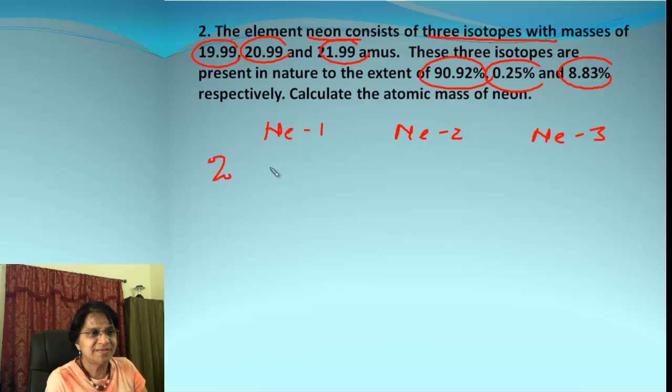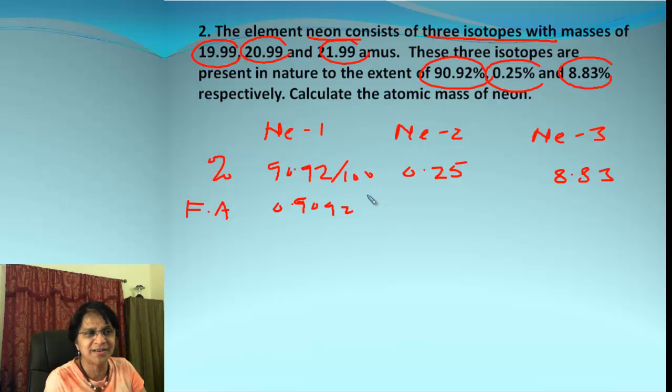Let's get the percent: 90.92, 0.25, and 8.83. That means the fractional abundance will be 0.9092. Remember, we take this and divide it by 100. This will be 0.0025, and 0.0883.